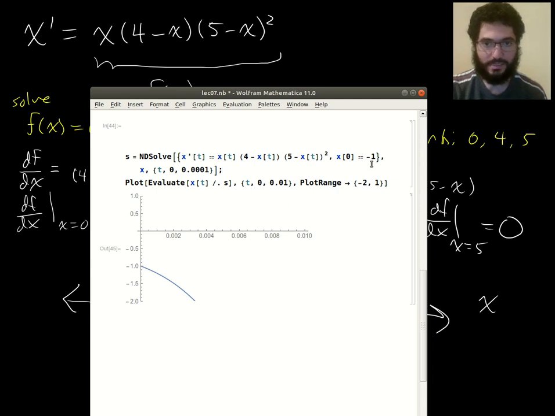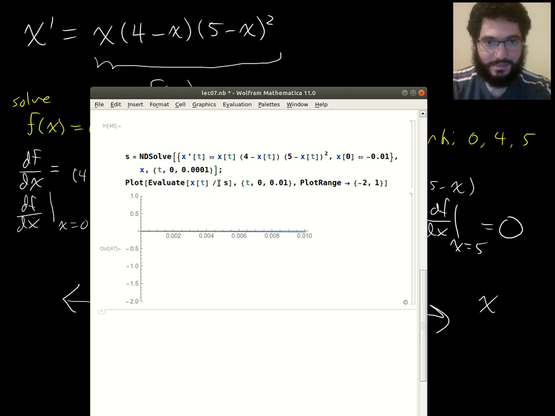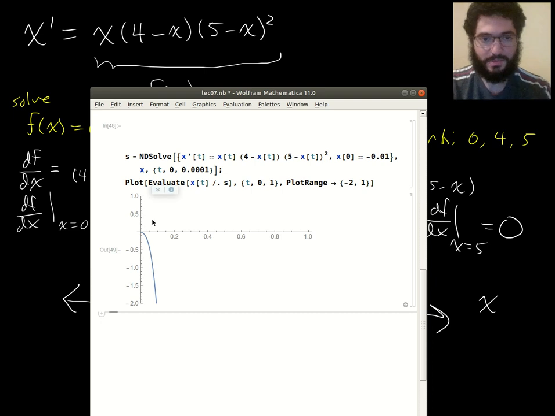What we're really seeing is, starting from x equals -1, x is going to decrease like crazy. Maybe if we start from something not so negative, like -0.01, let's plot up until 1 unit of time. That looks a little bit less insane.